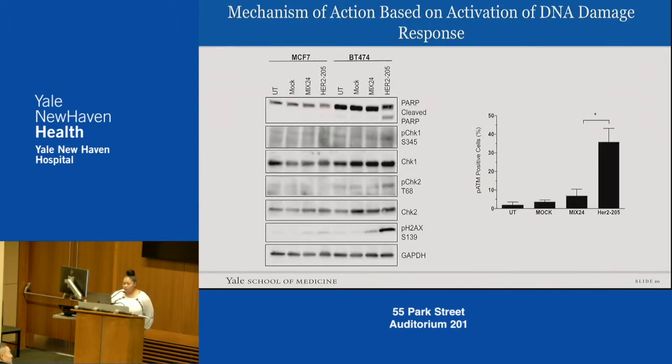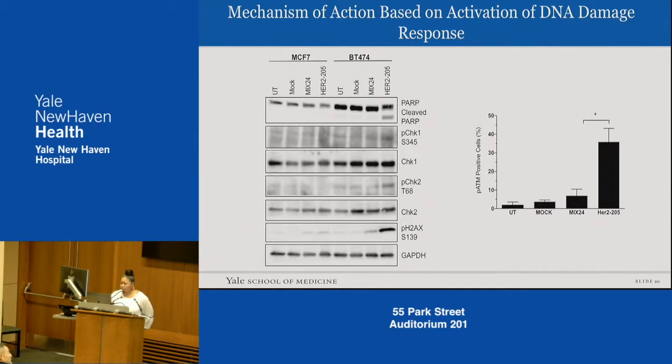So we went on to prove that this was indeed the mechanism of action by looking at some common DNA damage response proteins, by looking at the phosphorylation status of CHEK1, CHEK2, and also phosphorylation of ATM, and we found that following treatment with our HER2-targeted TFO, we do have an increase in phosphorylation of DNA damage response proteins.